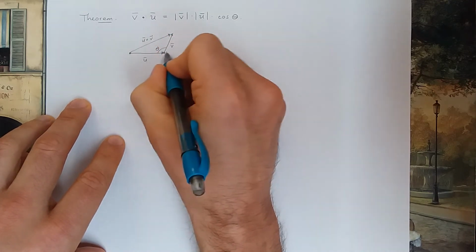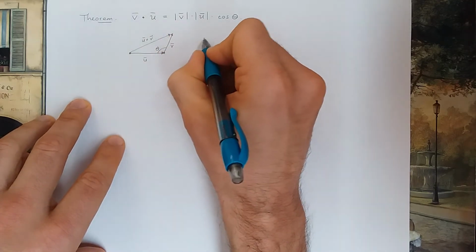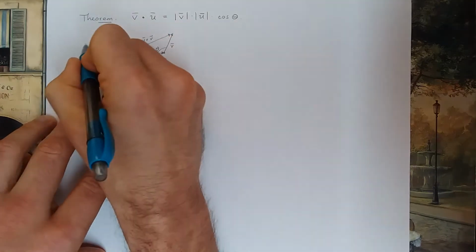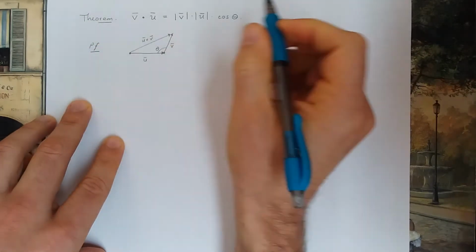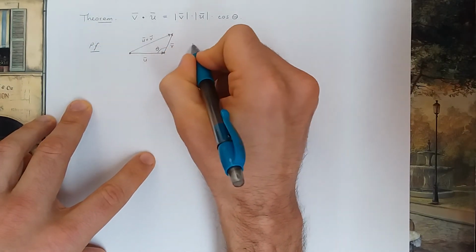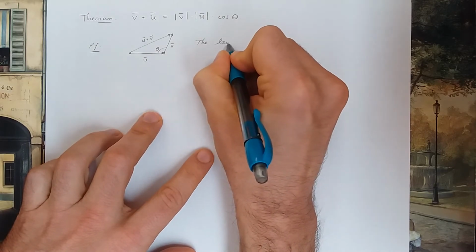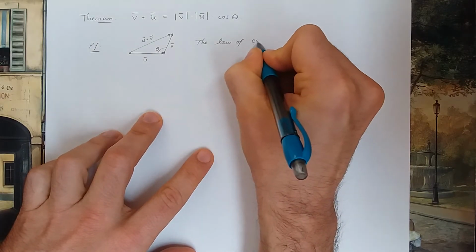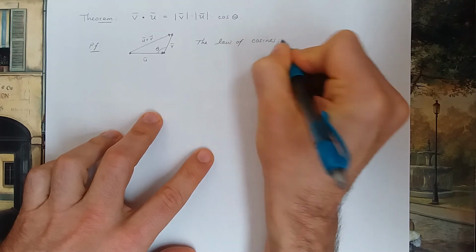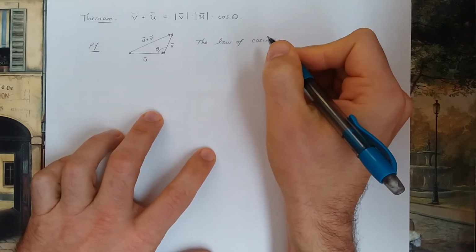So here's a triangle. And this is the proof of why the theorem's true. The triangles obey the law of cosines. So let me remind you of the law of cosines.